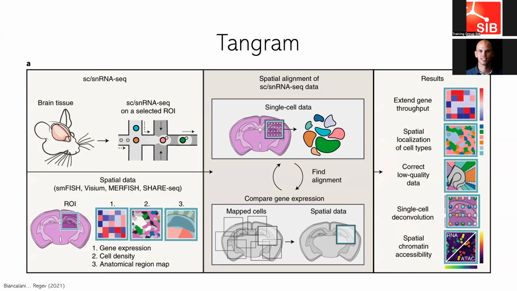So if you want to know what's the most likely location of a particular cell, you get that by the mapping probability. You can do deconvolution. So if you have mapped to Visium data, you can then look, okay, I mapped here, I don't know, 50% of the cells mapped to a spot are of cell type A and the others are cell type B. So then you end up doing deconvolution of the signal in that spot, and so on.